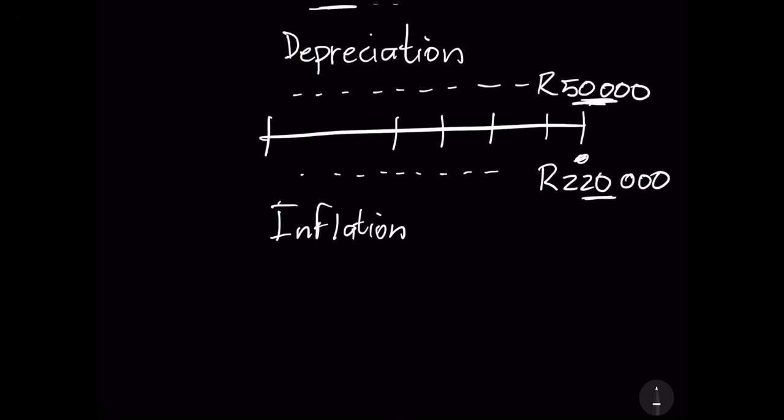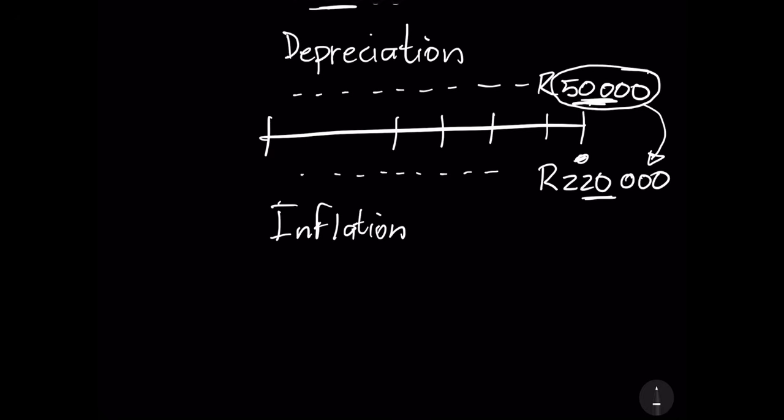You'll agree with me that they can sell the old car for 50,000 rands, so they've got 50,000 in their pockets, and in order to buy a new car they would need 220,000 rands. So how much should they add?